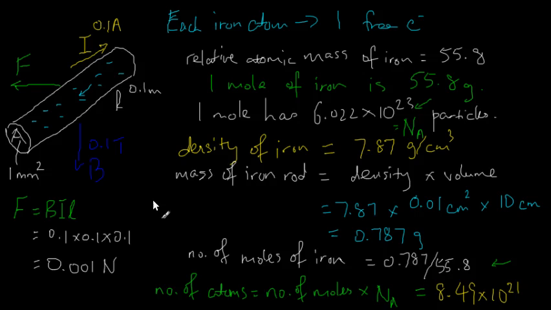And now that we know the overall force on all of the moving, flowing free electrons, and we know the total number of free electrons, since that's equal to the number of atoms, we can now find the force on each electron. So let me do this calculation just to complete this video. Now, clear this part up.